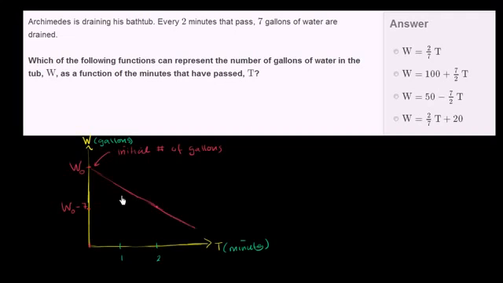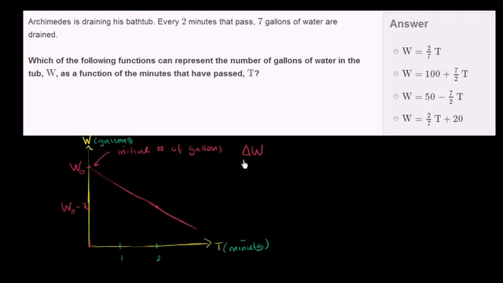So one thing that we could ask ourselves is, what is the rate of change of W with respect to T? What is the rate of change of our vertical axis with respect to our horizontal axis? That's also known as the slope of our line. This delta symbol, this Greek letter, this triangle, is just shorthand for change in.